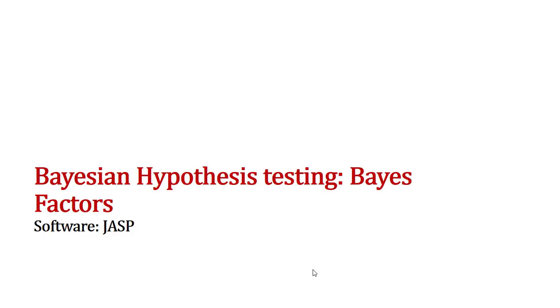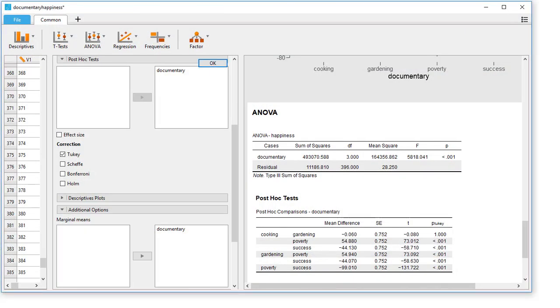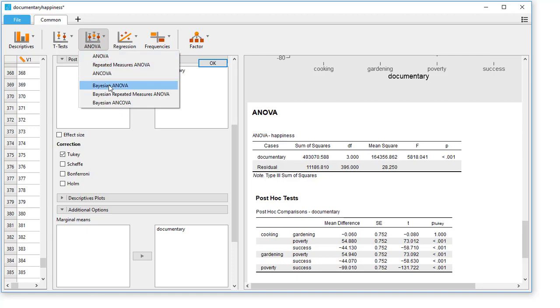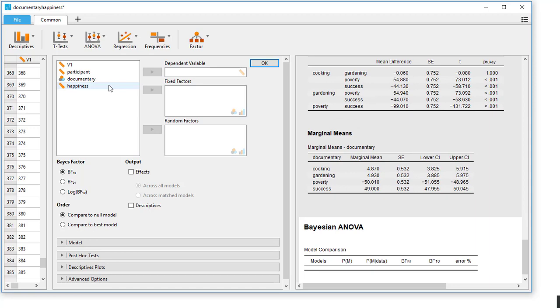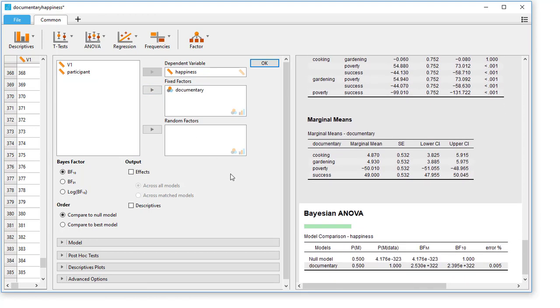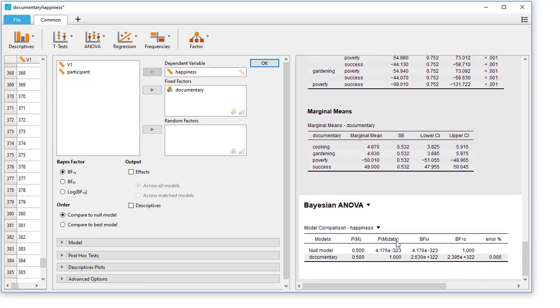Finally, I'm going to explain the Bayesian approach to hypothesis testing using Bayes factors, and the software is JASP. Okay, so what we need to do is go to ANOVA, and instead of going to ANOVA as we did before, we go to Bayesian ANOVA, and we put happiness as dependent variable and documentary as fixed factor, and basically that gives us the Bayes factor.